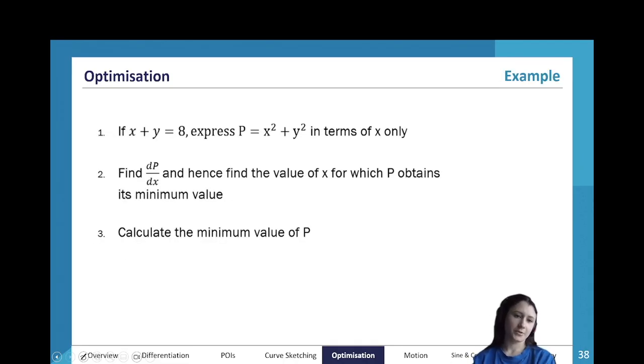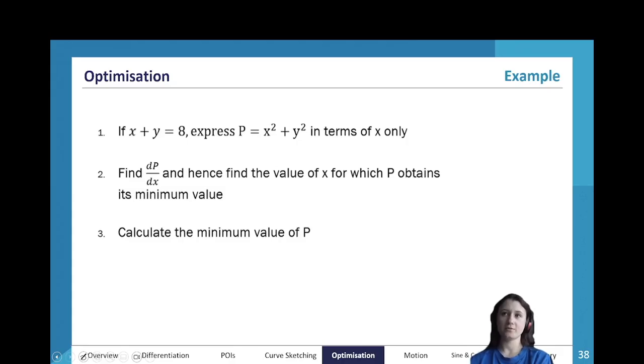So let's go through our example here. If x plus y equals 8, express p equals x squared plus y squared in terms of x only. Alright, so before we get onto the rest of the question, let's have a think about this one.